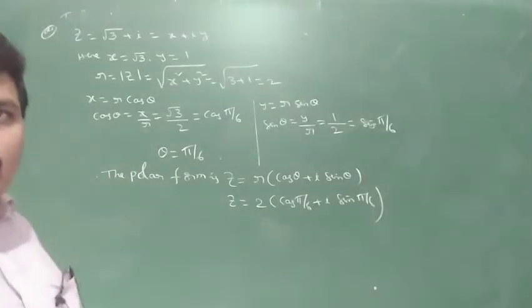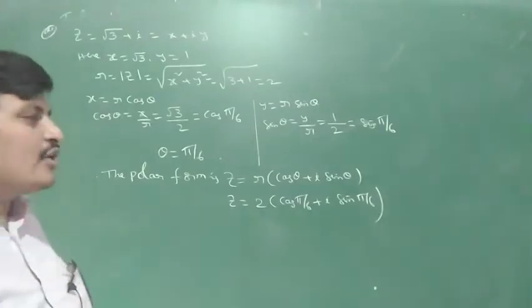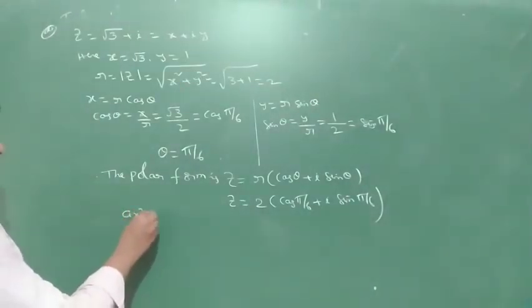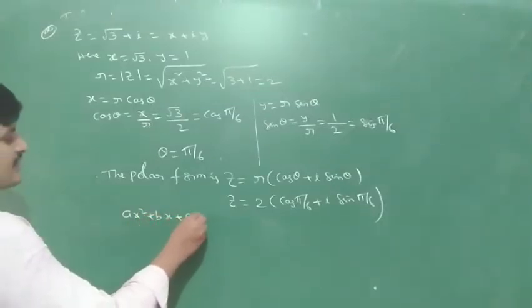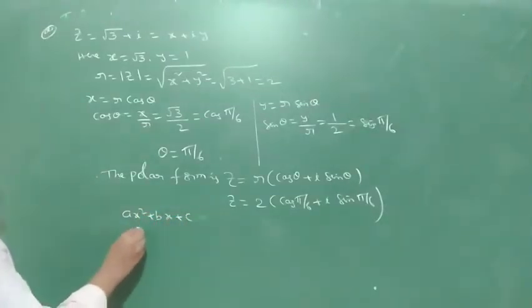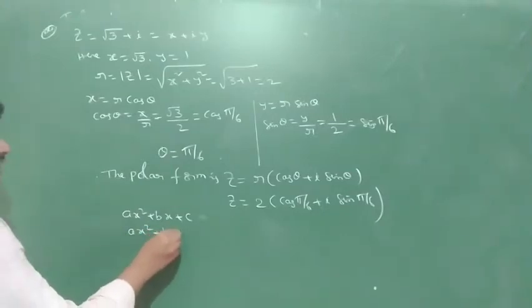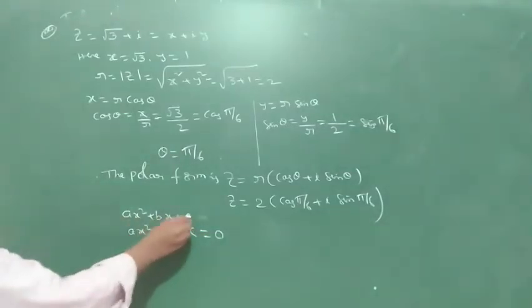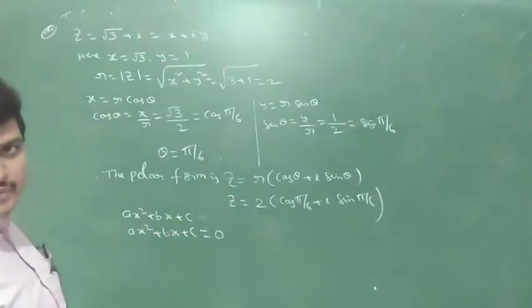Next, quadratic equation. What is the quadratic equation? Ax square plus bx plus c is a quadratic expression.